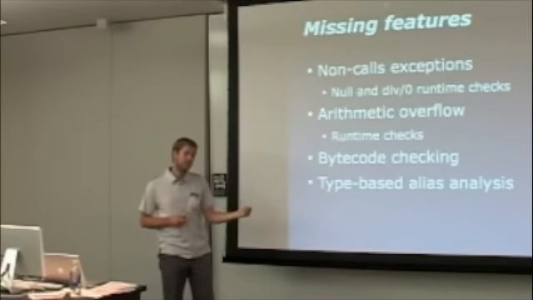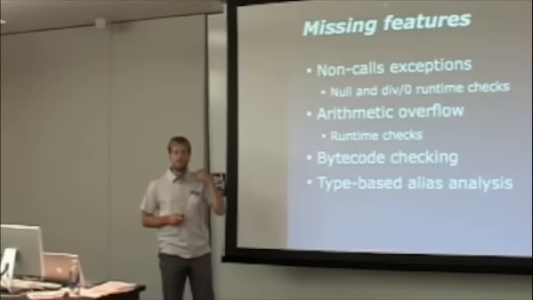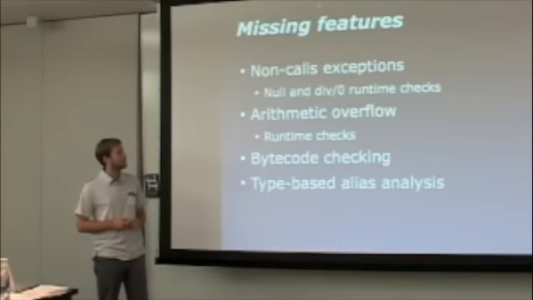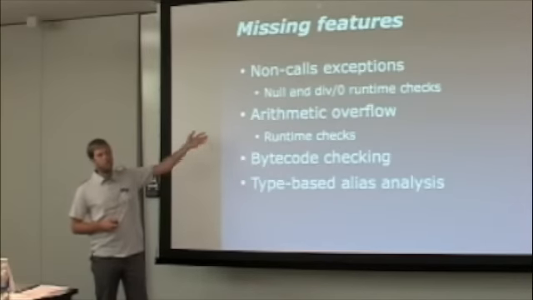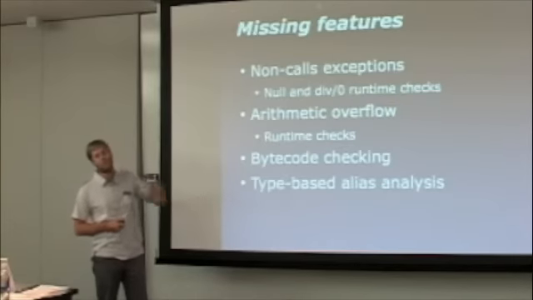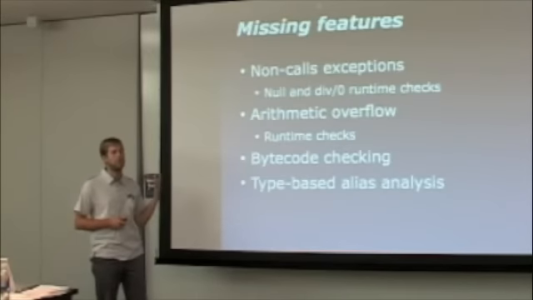This complicates the control flow, gives a lot of pain to the optimization passes, and that's bad. Hopefully Nick is working on this, so we'll have non-call exception support soon. With divide by 0, it's the same. You do a runtime check when you divide something to see if it's 0, and that complicates the control flow.